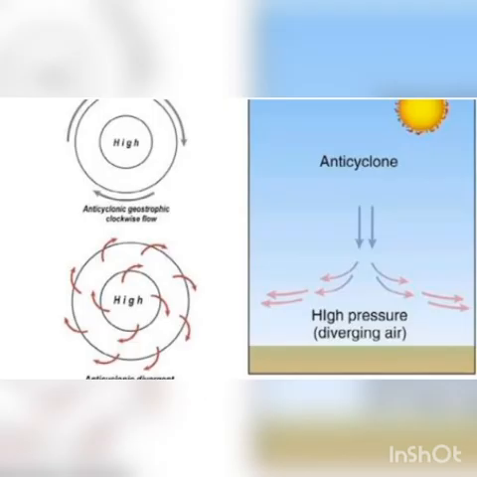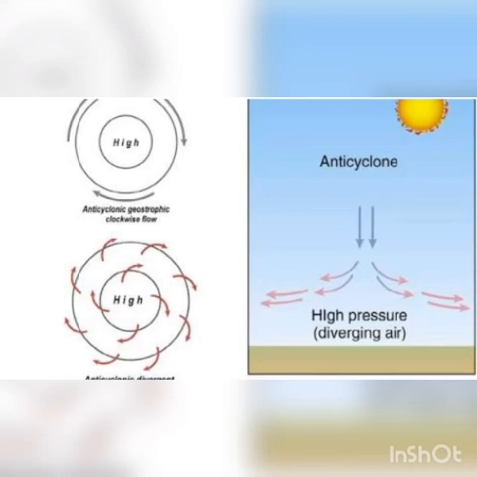Now moving ahead to the anticyclones. They are just the opposite to cyclones. Under specific atmospheric conditions, the air pressure in a particular region increases and the pressure in the surrounding areas remains low. That means in this situation, the winds blow from the center towards the surrounding areas.